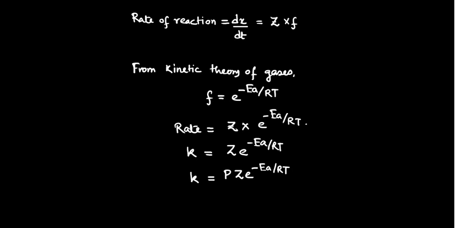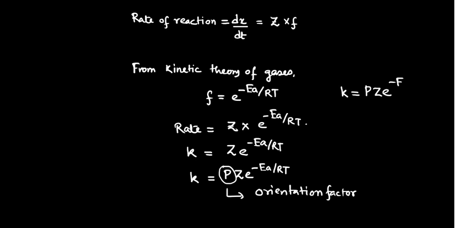P is defined as the orientation factor. So ultimately the rate constant can be expressed as P into Z exponential minus EA by RT. Okay, that's all for today.